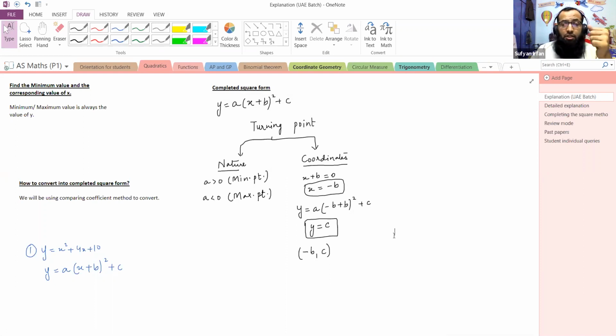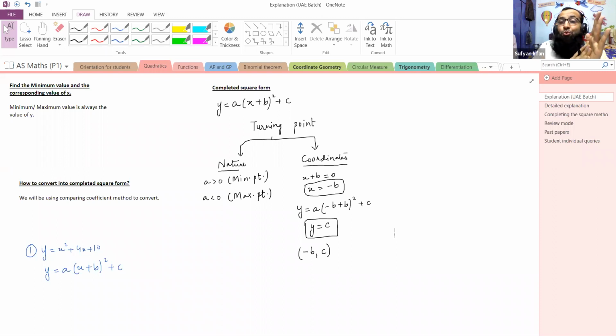Can we determine the nature? The answer is yes. But let's suppose, sir, if in the first part we are told to convert into completed square form, how will we convert? And if in the second part we are told to utilize that completed square form to give the coordinates of the turning point, how can we do that?